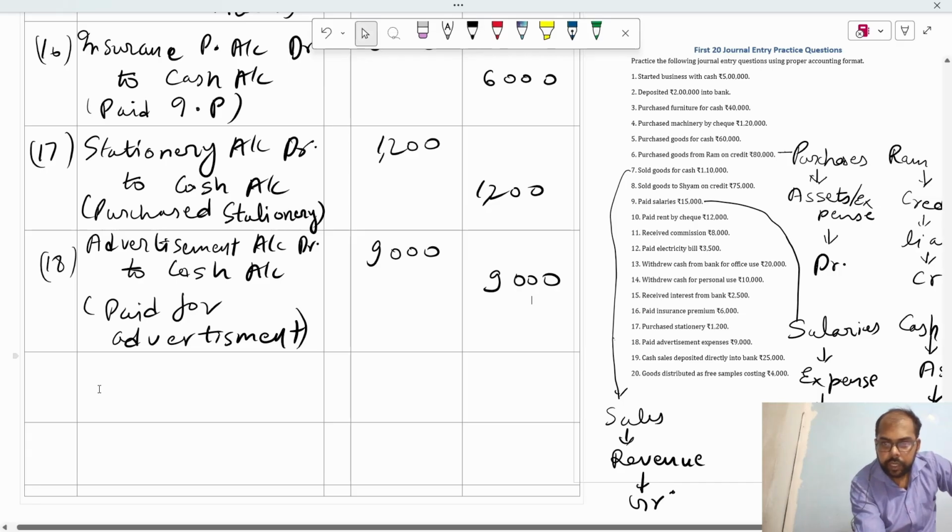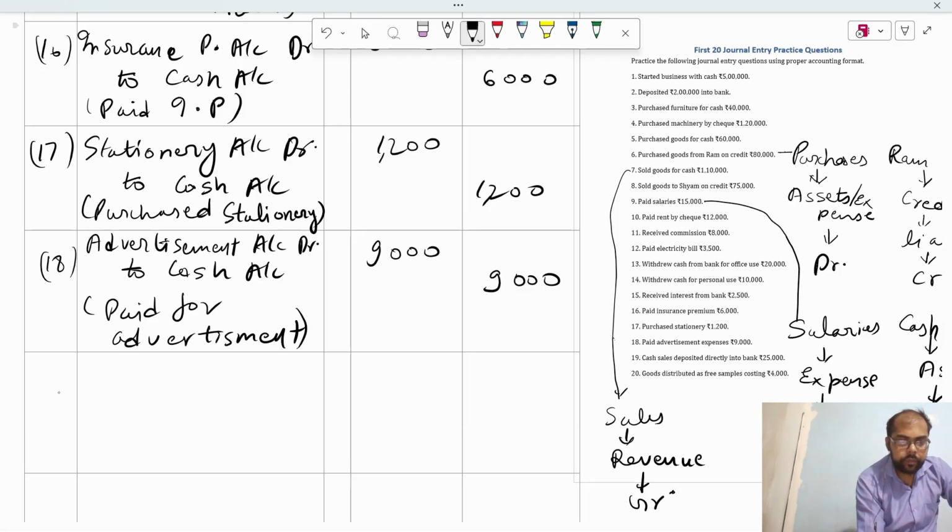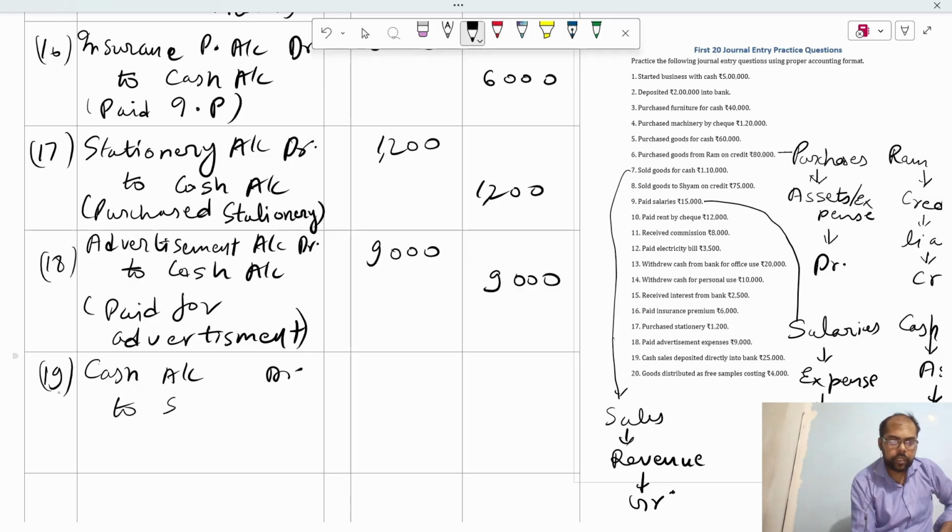19th transaction is cash sales deposited directly into bank. Okay. So if you are directly depositing cash into bank, since we are receiving cash for sales, the entry should ideally be cash account debited to sales account.